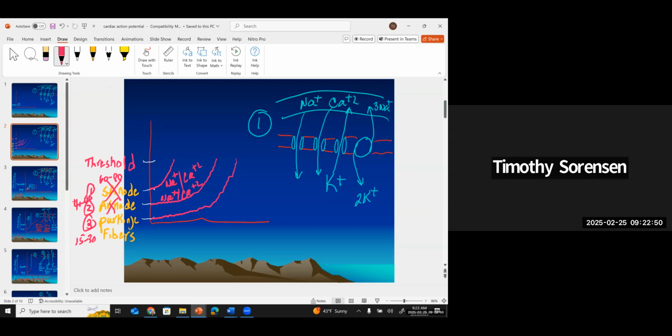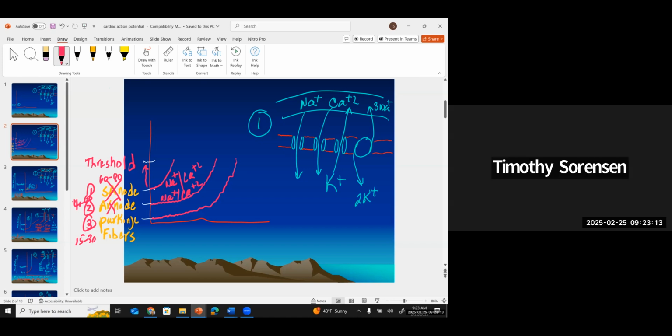So the reason that the SA node is the pacemaker of the heart is its resting membrane potential is closest to threshold. Whatever pacemaker has the resting membrane potential that's closest to threshold is going to be the pacemaker of your heart.